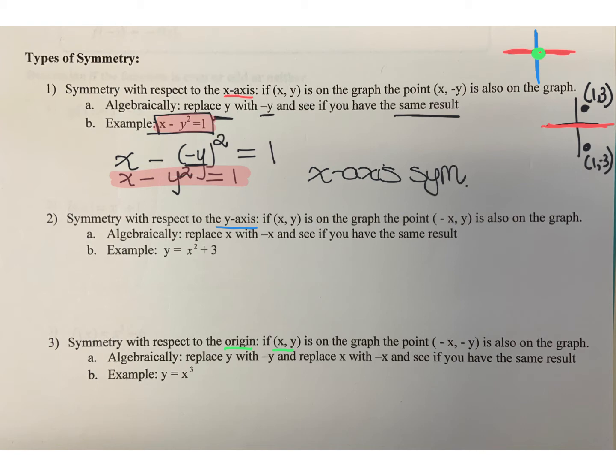Okay, so a similar thought on the next one: I have symmetry with respect to the y-axis, so I'm going to reflect across the y-axis right here. So if I draw a point, I'll stick with my (1, 3) example, and I go across the y-axis. This time the x changes its sign, but the y stays exactly the same. So we replace the x with a negative x, and we're going to see if we have the exact same result.